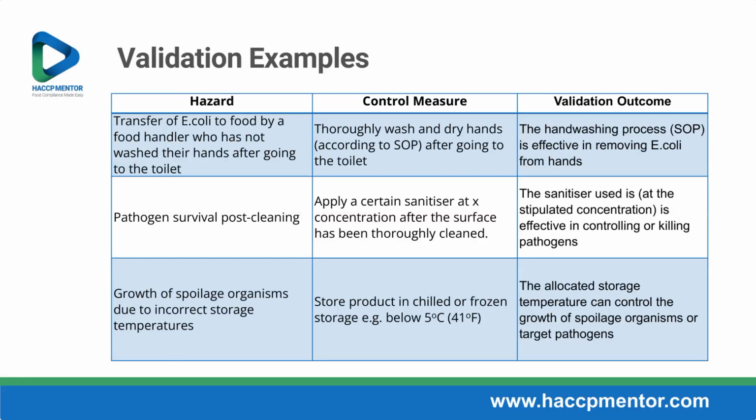So we want to know, is this product we're producing going to be less than 5 grams of fat per serving size? So again, you can go back to your labeling legislation as a theoretical validation, and it will tell you what levels of these types of claims are allowable to be able to make that claim. So that's going to be your validation source.